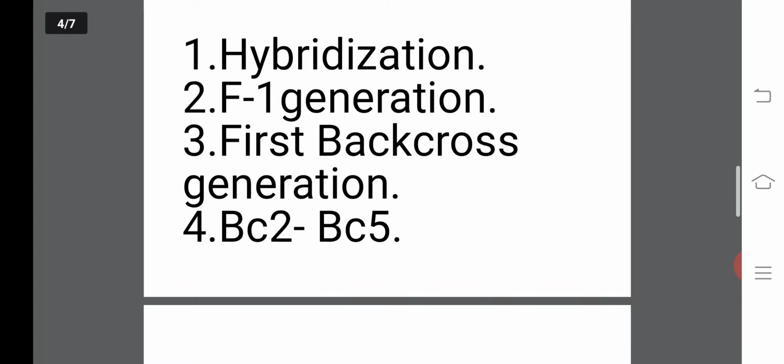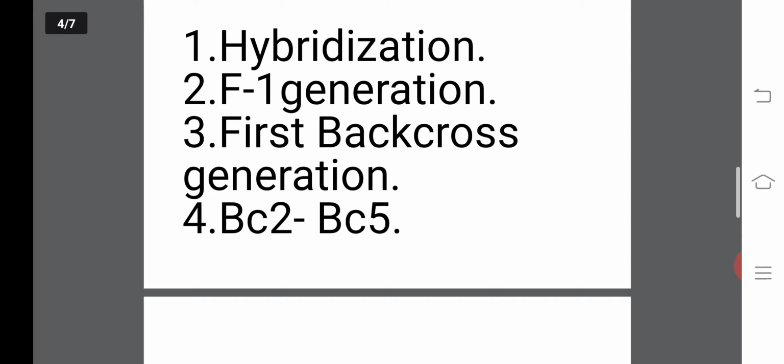Next, in the third step, we have the first backcross generation, called BC1. Half of the plants in BC1 would be resistant and the remaining half would be susceptible to stem rust.